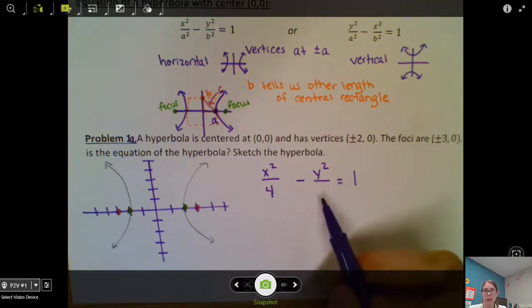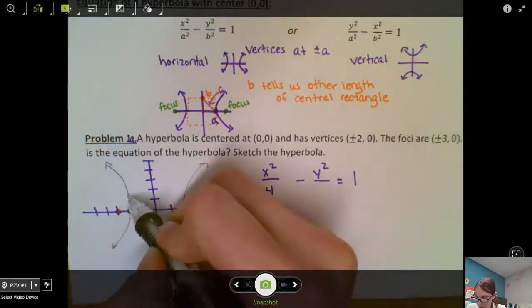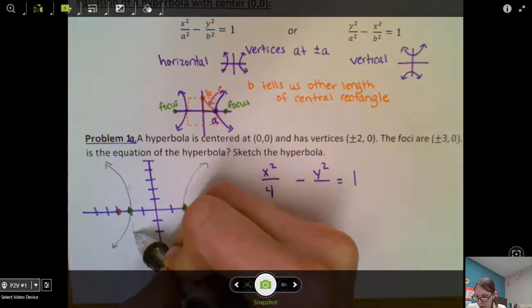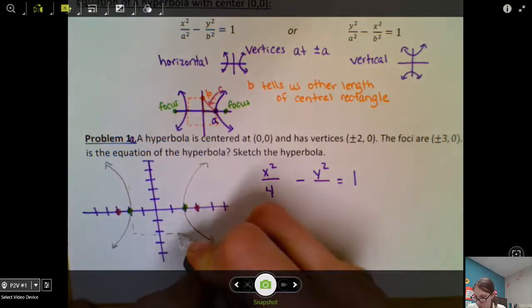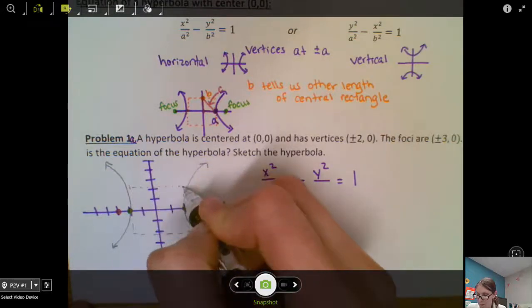B tells us the other length of our central rectangle. So right now, our central rectangle, we don't really know what this looks like. I don't really know how high the central rectangle goes.